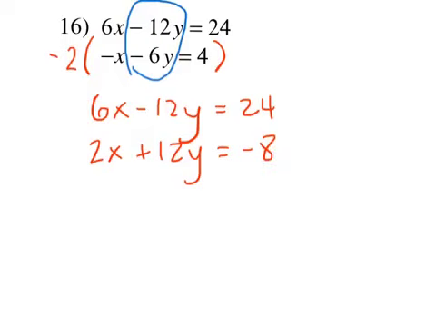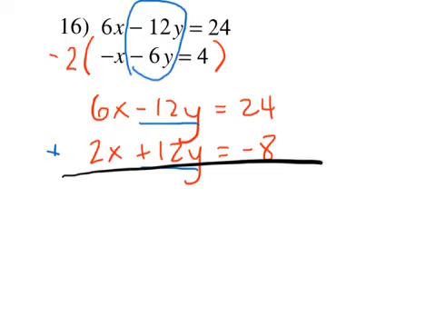Now what should happen, and what did happen, is you should have a negative some number times y and then a positive of the same number times y. And then when we add these two equations together, you're going to have something cancel out.